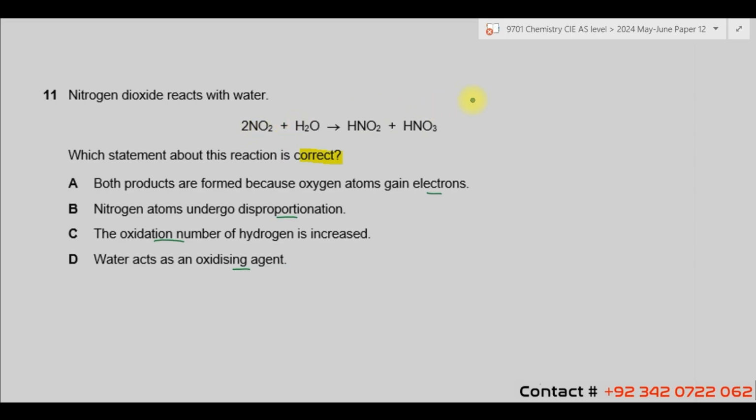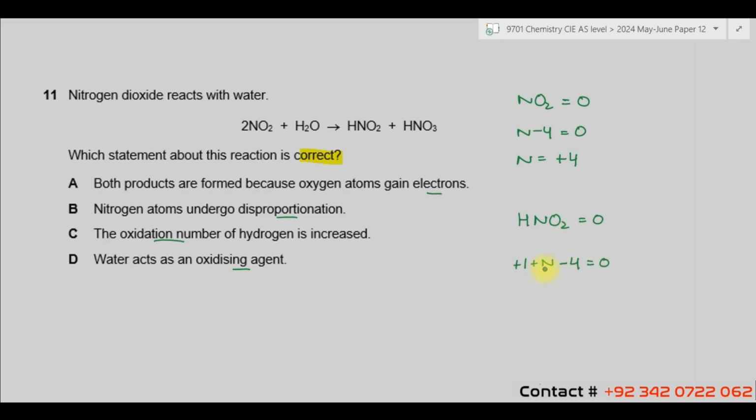So in NO2, NO2 is overall neutral, so it is 0. 2 oxygens means minus 4. Nitrogen is plus 4. In water, hydrogen is always plus 1, oxygen is minus 2. In HNO2, overall charge is 0, hydrogen is plus 1. 2 oxygens minus 4.